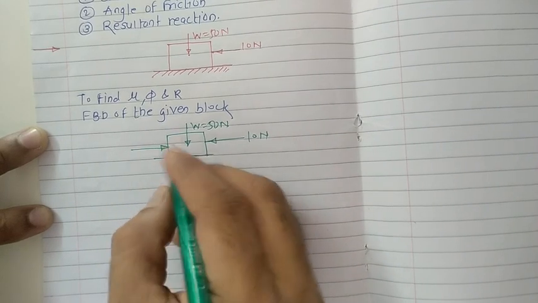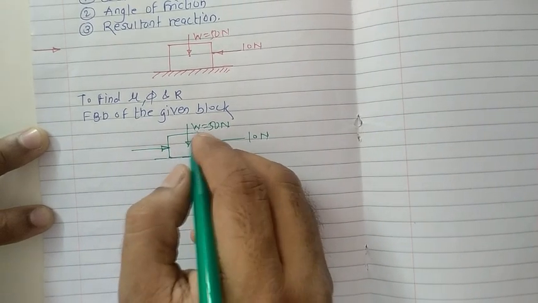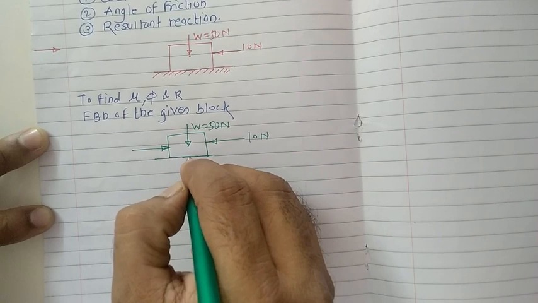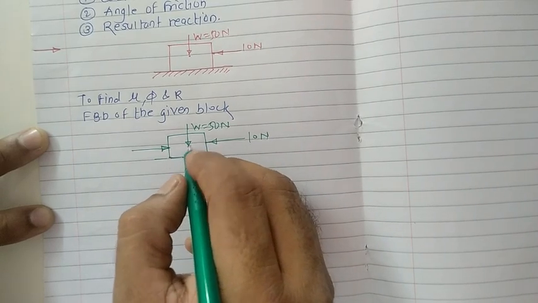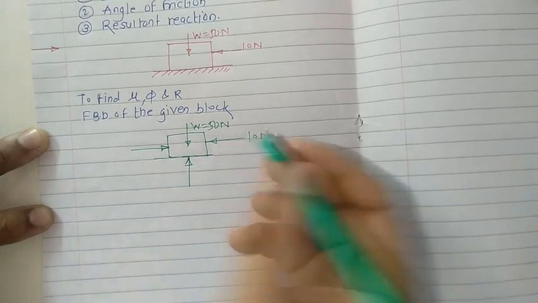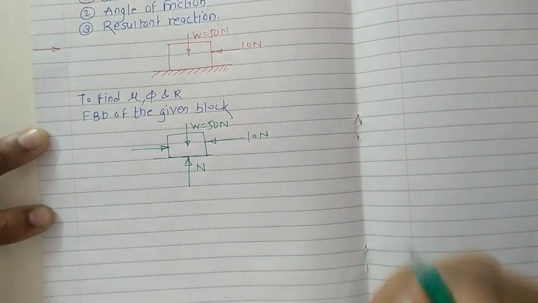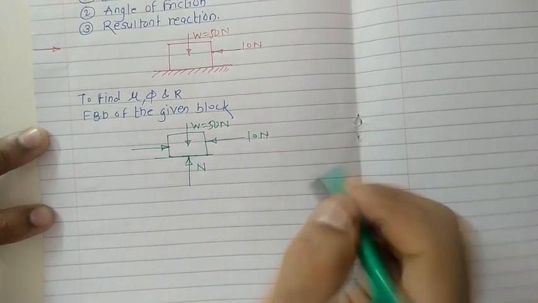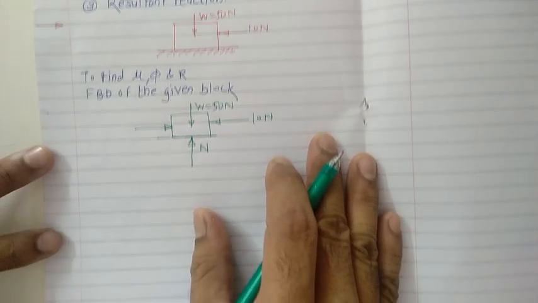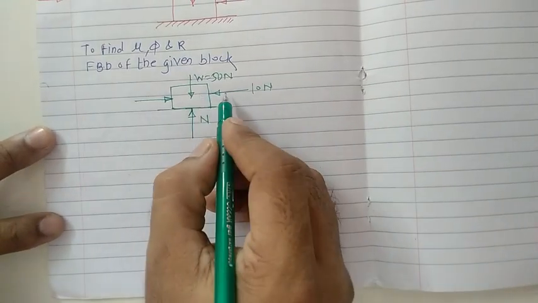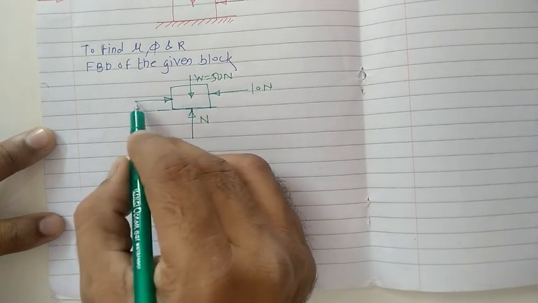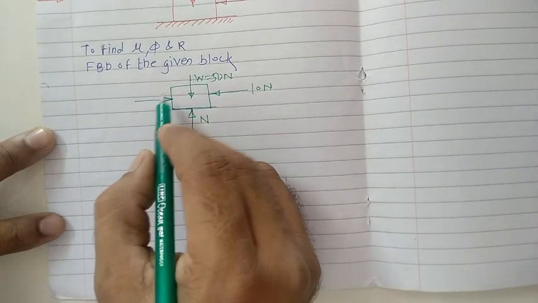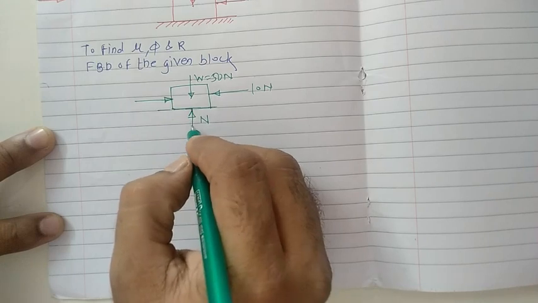Now because of the weight applied in the downward direction, the normal reaction comes from the bottom, whose magnitude we consider as N. This is the applied force, this indicates the frictional force, and this is the normal reaction.